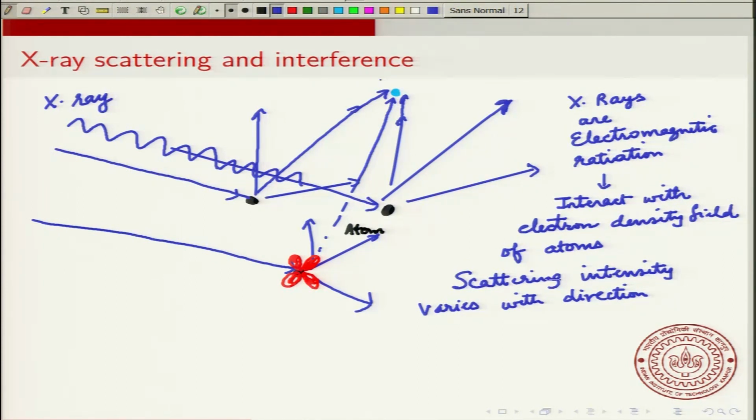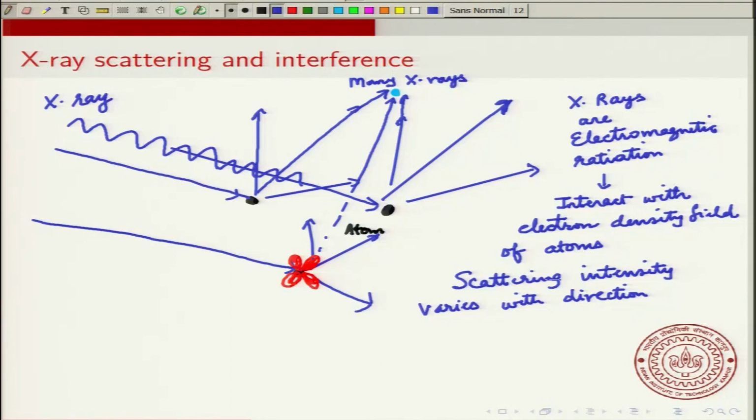So, many X-rays, and so the question is: is there constructive or destructive interference?